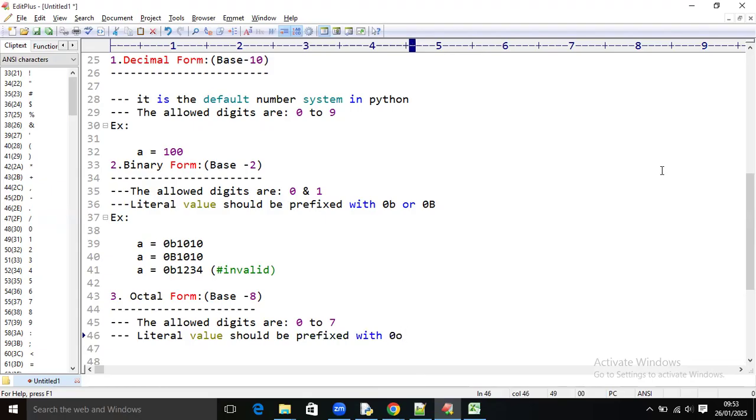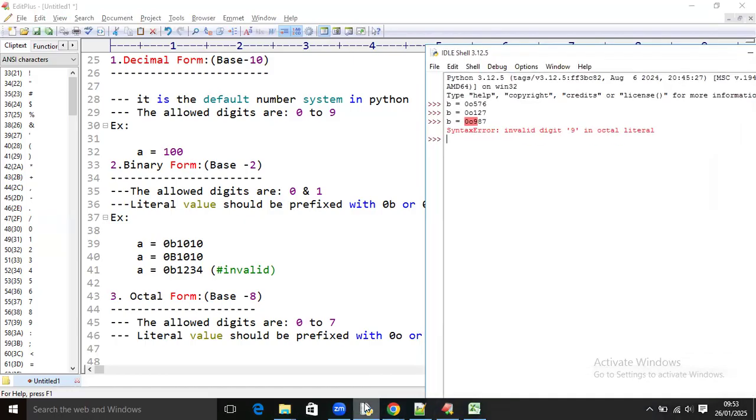That means either capital O or small o. You can give both. Let's give some capital O here to understand it practically, whether it is allowed or not.